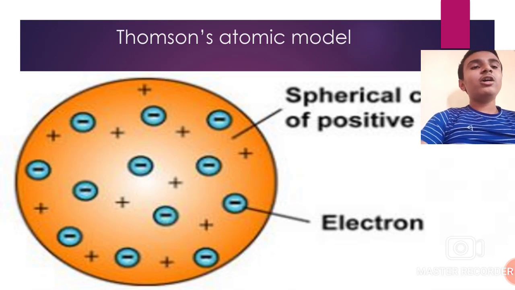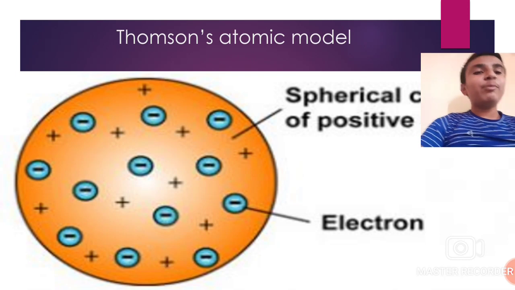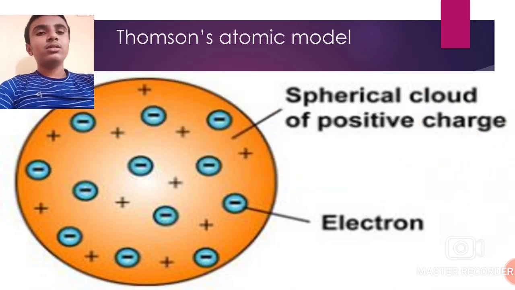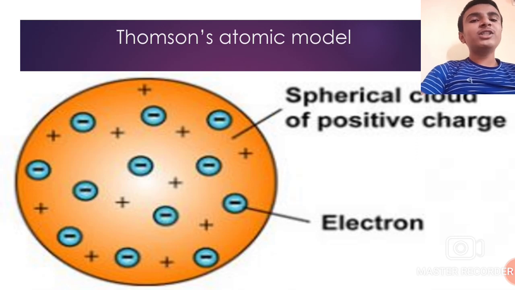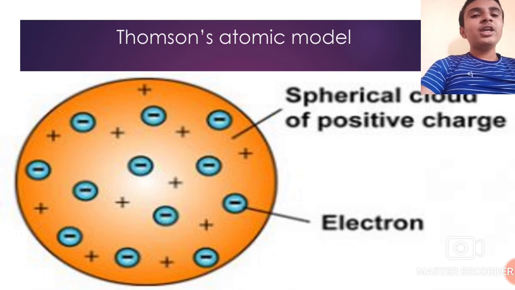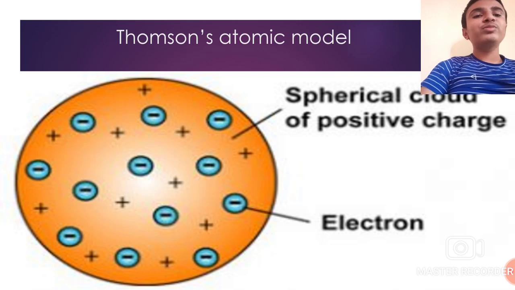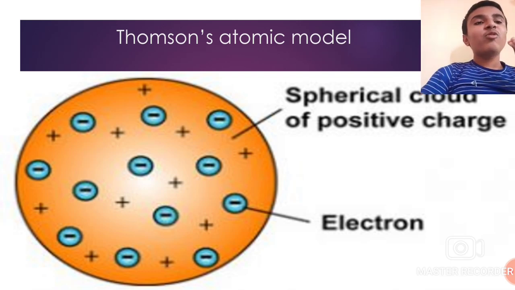Now, after years, a scientist named J.J. Thomson proposed a new theory about atoms. When he observed the atom, he saw that the atom was composed of positive and negative charges. Yes, friends.